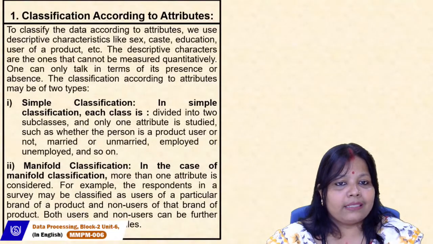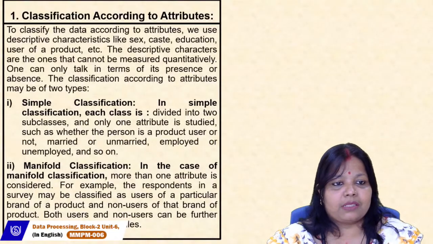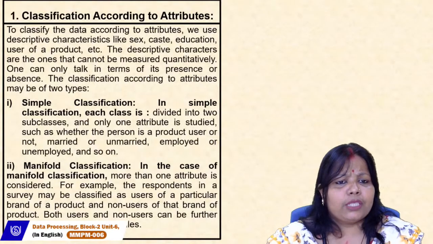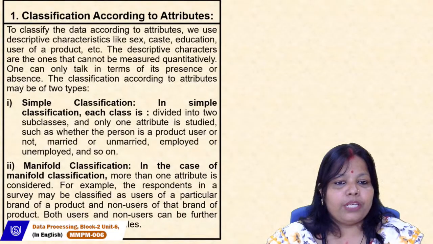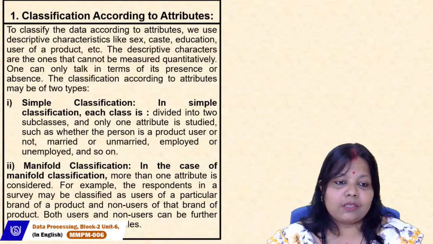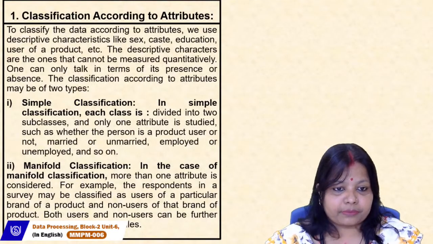One can only talk in terms of their presence or absence. So the classification according to attributes may be of two types. One is simple classification, where we are dividing into two classes and only one attribute is studied, such as whether the person is a product user or not, married or unmarried, employed or unemployed, and so on. This is called simple classification.